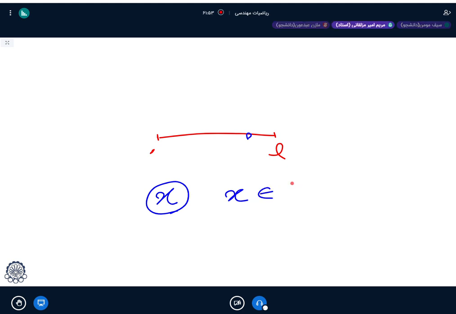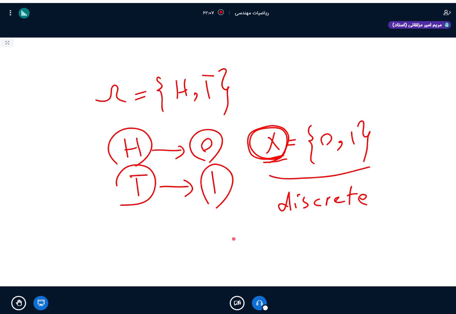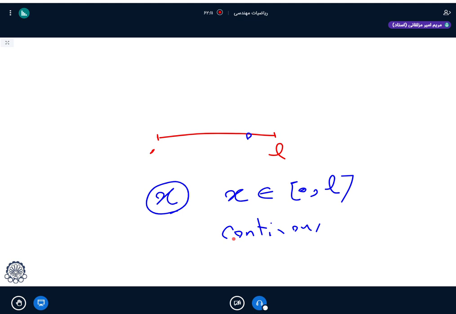X is in the interval of 0 to L, so x is continuous. Here we have a continuous random variable. In the previous example, we had a discrete random variable, but here we have a continuous random variable.